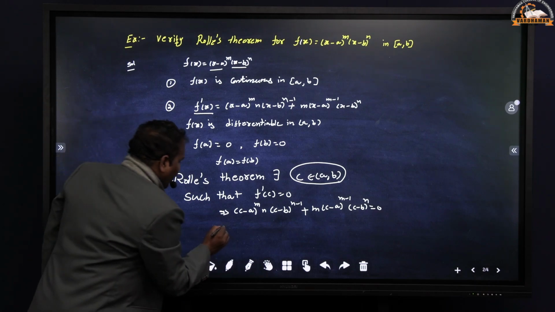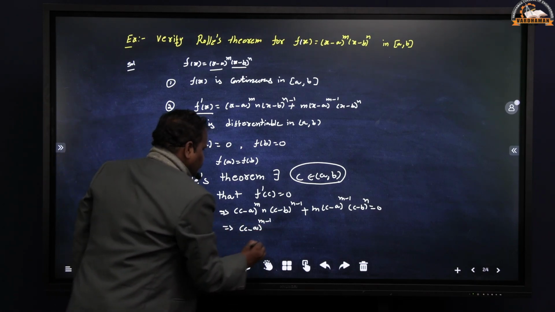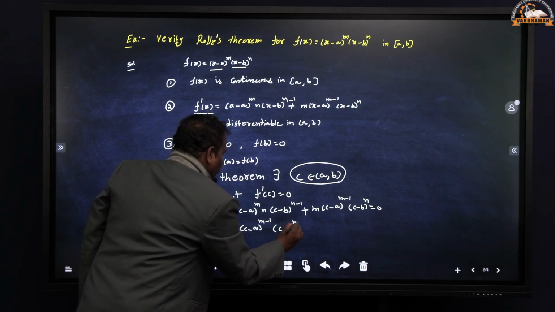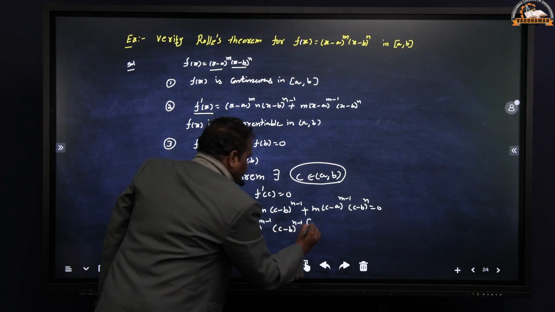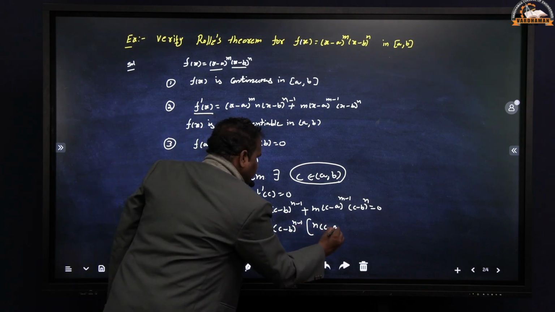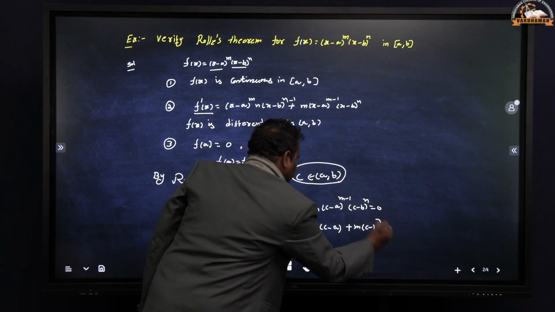These two terms have the common (c minus a) whole power m minus 1 (c minus b) whole power n minus 1. Then the remaining one is n into (c minus a), here m into (c minus b) is equal to 0.